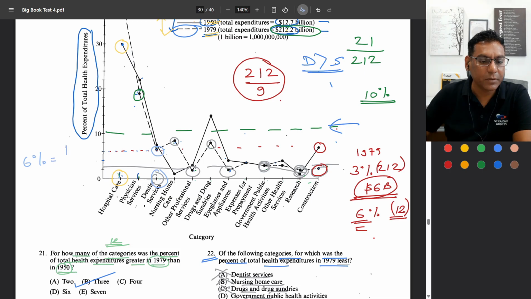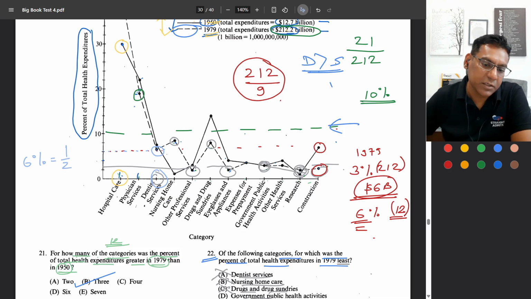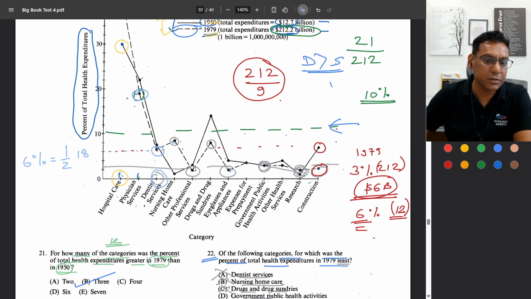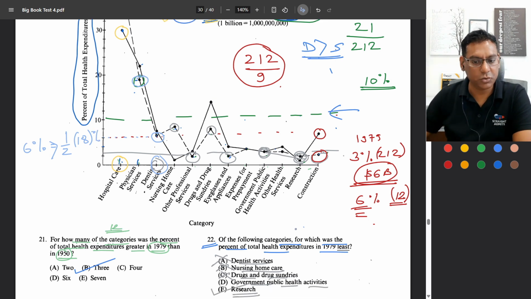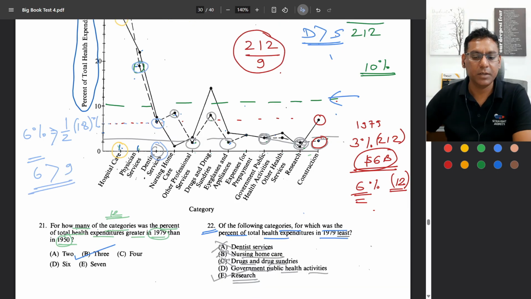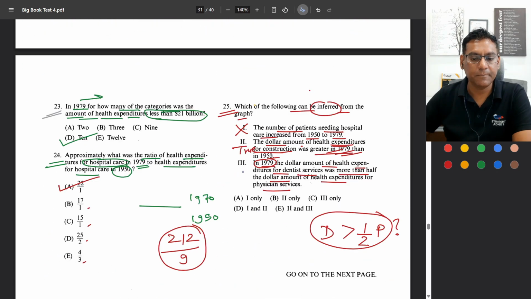Where is physician? Physician services was 18, right? Dotted line, 1979 physician services. Is 6% greater than half of 18%? No, that's not true, because 6% is not greater than 9. Correct? So this is false.